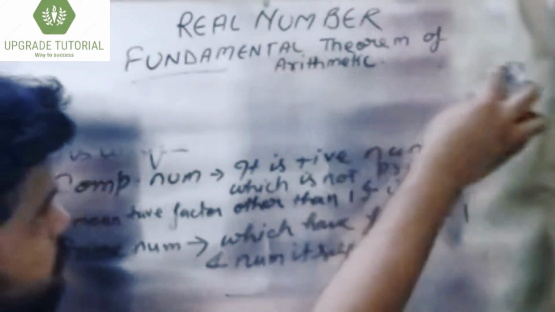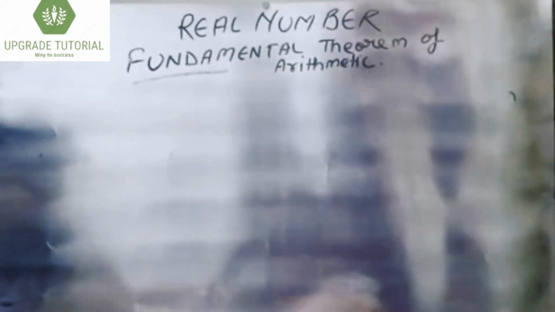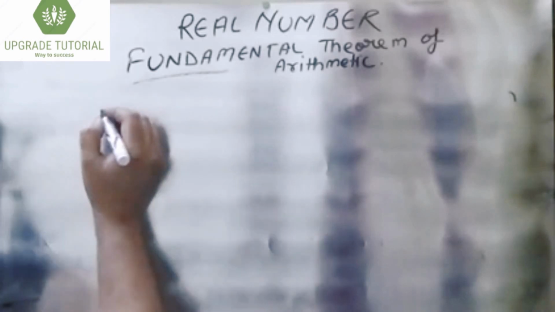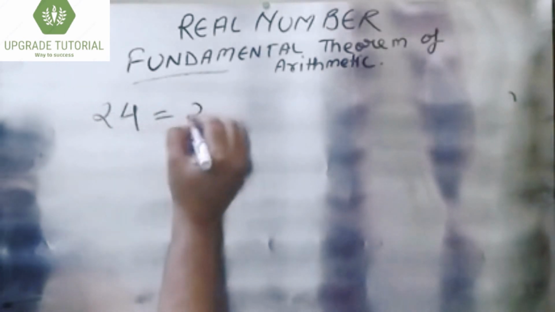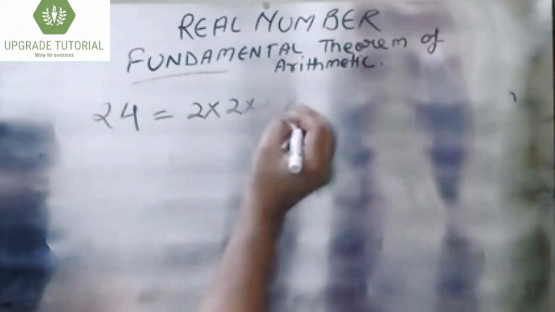Now, in the theorem it is given that the factorization is unique. If we have to find the factors of 24, then it comes 2 into 2 into 2 into 3.